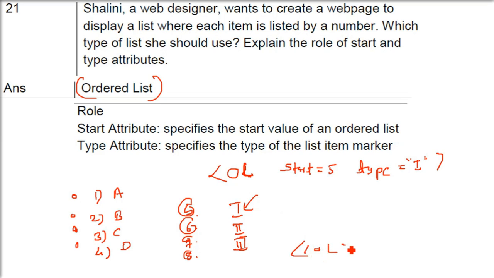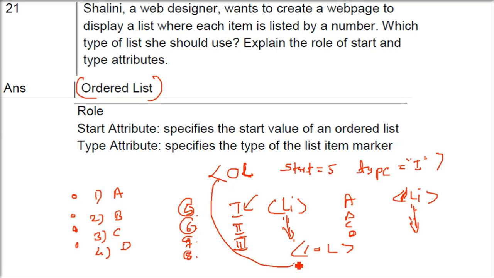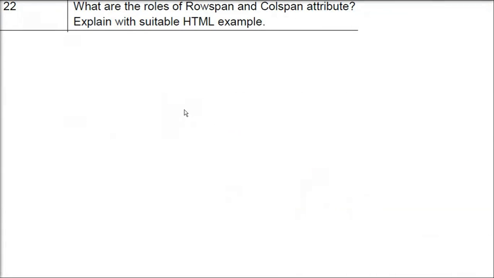OL also you have to close. It's a container tag, and then you have li here. Li is also a container tag, so A, B, C, D will come. 4 times you have to write li, 4 times you have to write li with a forward slash. Okay, so this is the answer. And even if you write the content which is provided here, it will be okay. You'll get full marks.